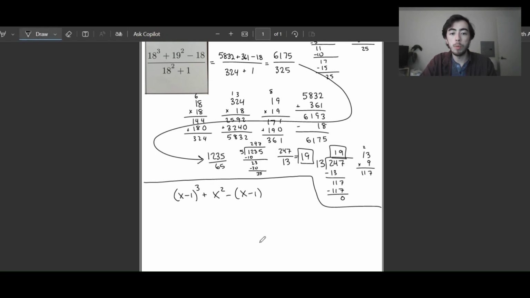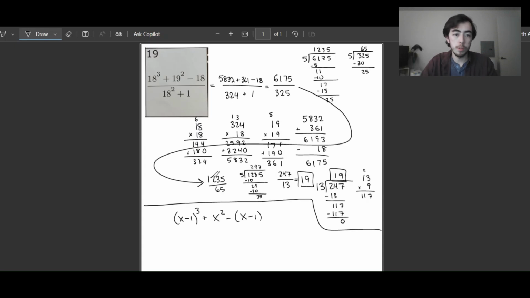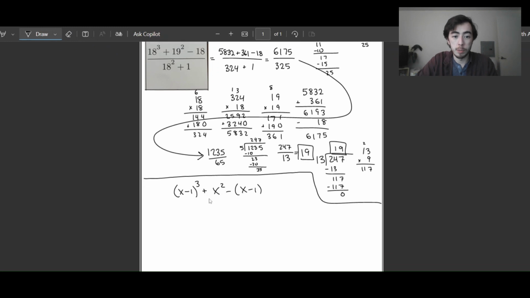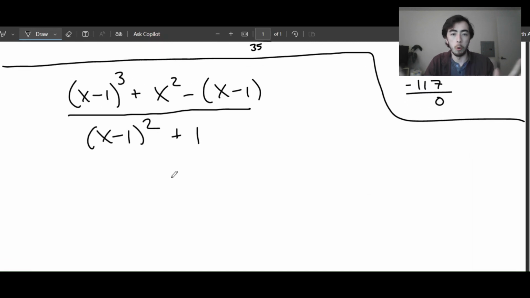I'm hoping that after doing all these algebra simplifications, I'll just be left with an x, because that's how 19 showed up twice. X is just going to be the only thing left after I do all this algebra. So my denominator should be x minus 1 squared plus 1. All right, let's zoom into here, hoping that this just simplifies to an x.